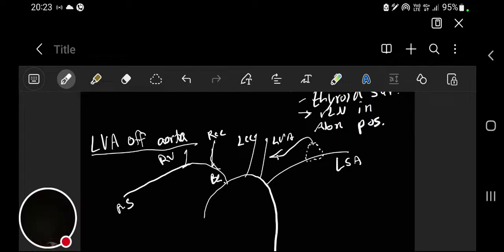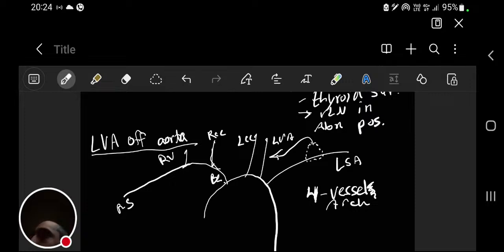It's not coming from the left subclavian artery. This is this anatomical variant. Now you see that there are 1, 2, 3, 4 vessels coming from the arch of the aorta, so it is also sometimes called a four-vessel arch.